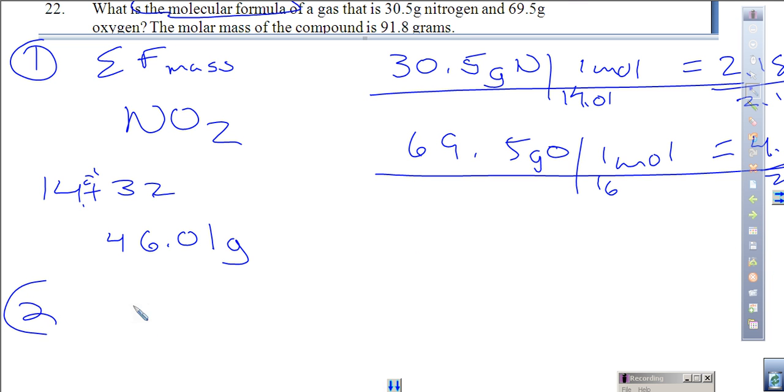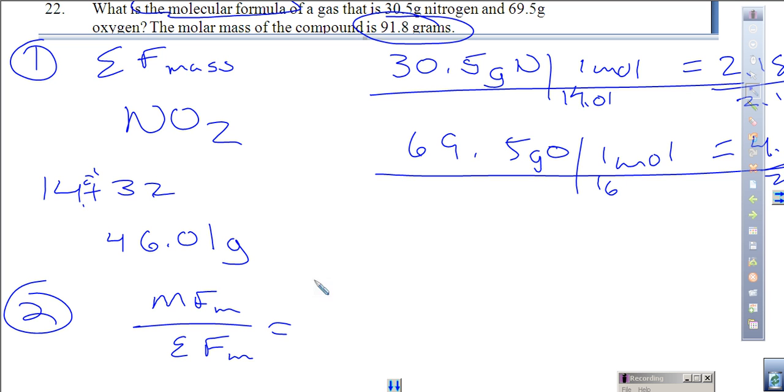And so step 2 is we divide the molecular formula mass by the empirical formula mass. So the molecular formula mass is 91.8 grams. We're going to divide that by 46.01 grams, which is what we got here. We're going to divide those two, and it's going to be a whole number.